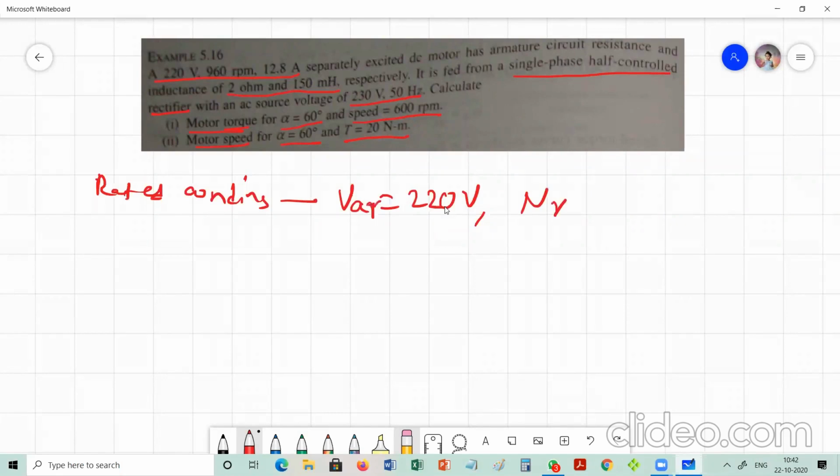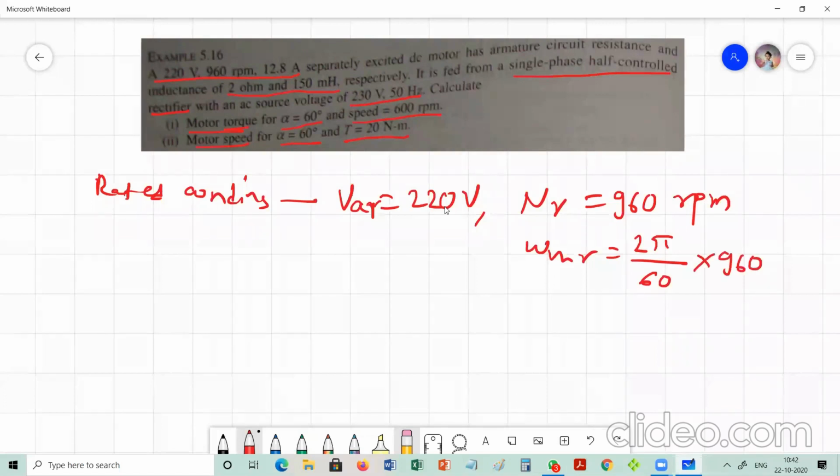NR is equal to 960 RPM, means omega MR is equal to 2 pi by 60 into 960 RPM, which is equal to 32 pi.